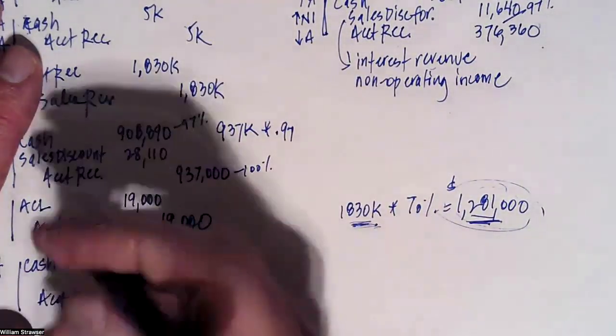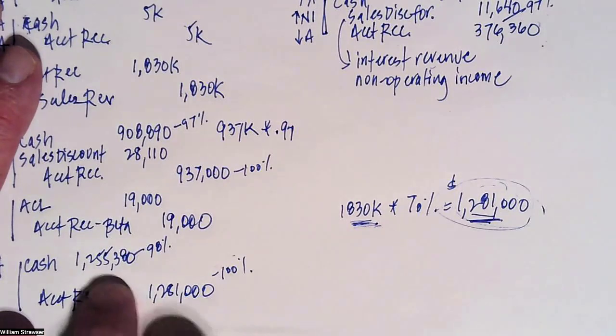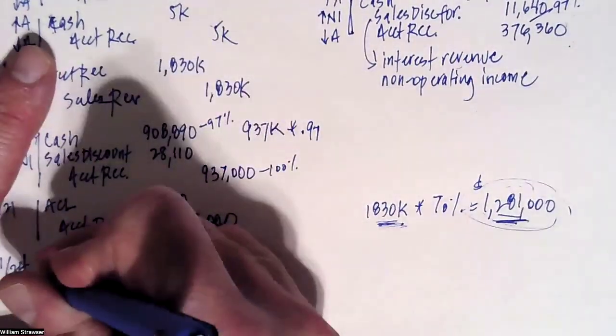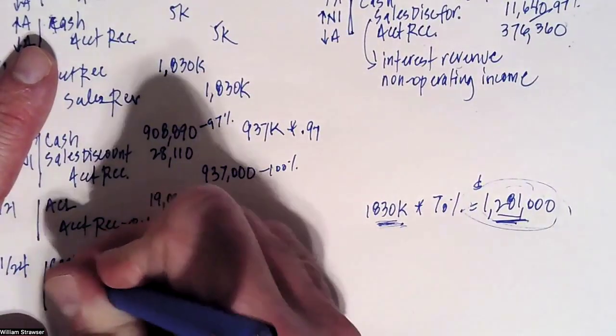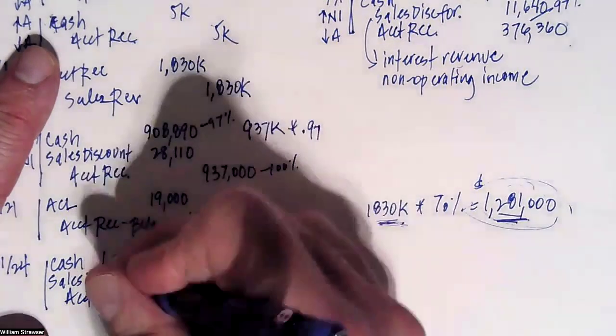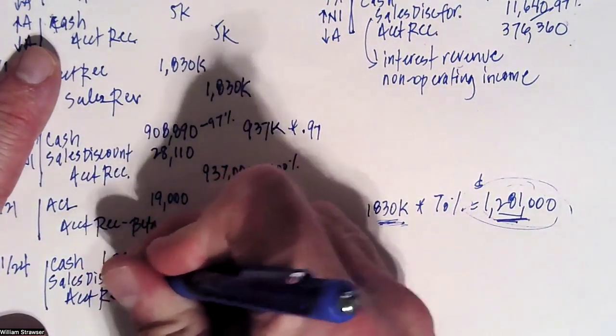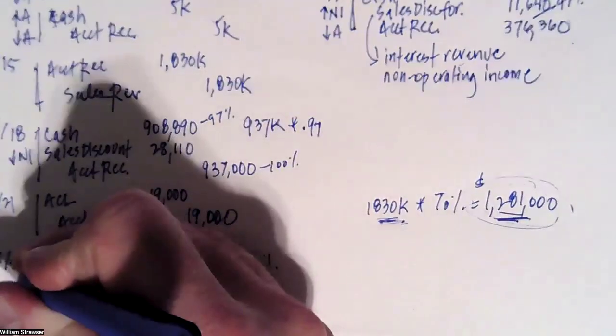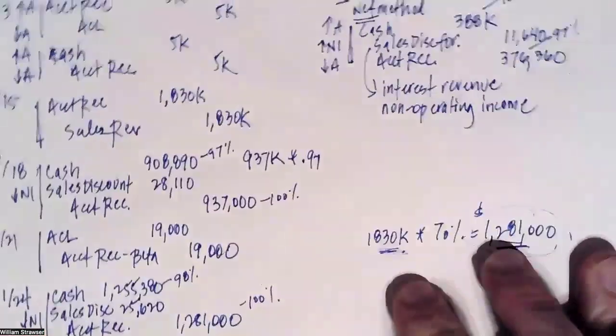The discount is just the difference. It's the reason why I collected less cash than receivables that I'm crediting. It's 25,620. And again, that's a contra revenue account.